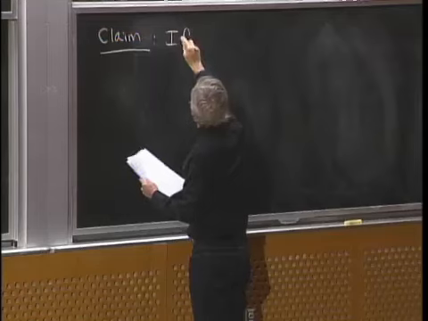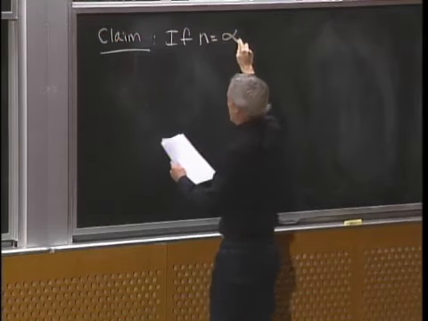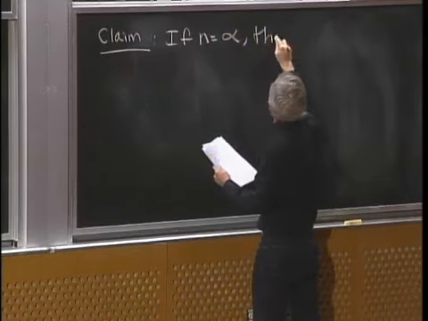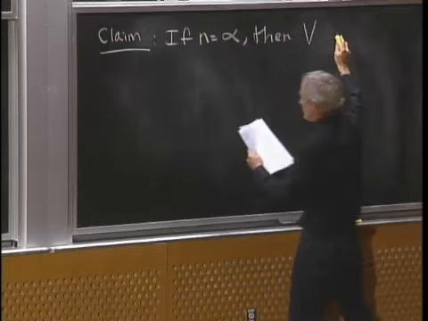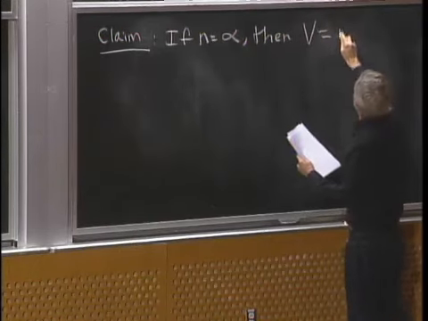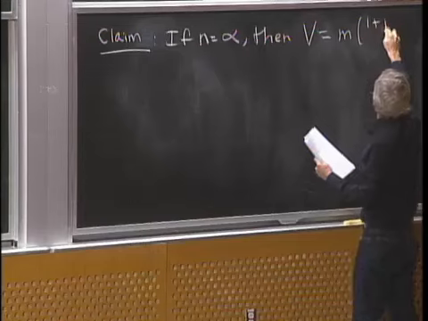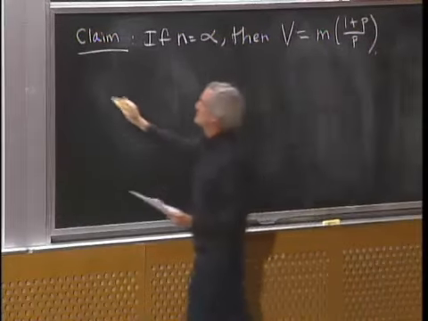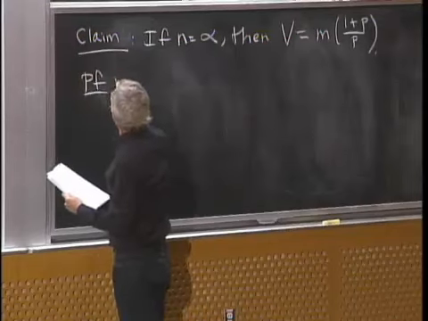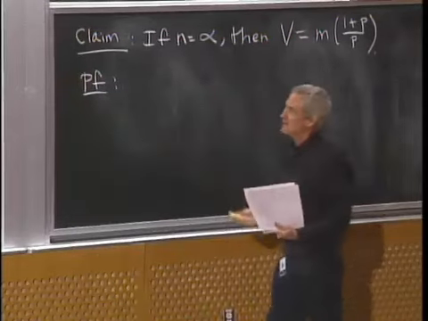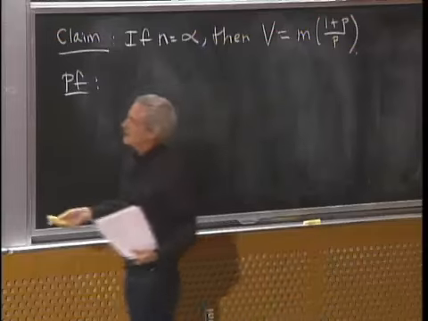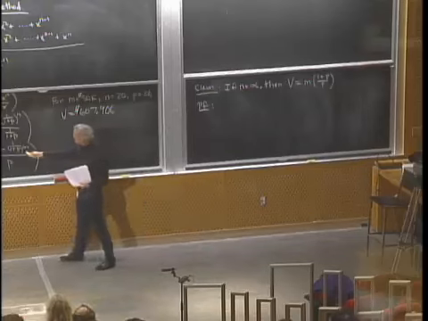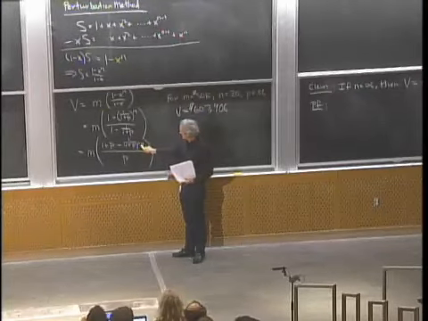And so I'll claim that if n equals infinity, then the value of this annuity is just m times 1 plus p over p. Let's see why that's the case. You know, it sounds hard to evaluate because it's an infinite number of payments. But what happens here when n goes to infinity?